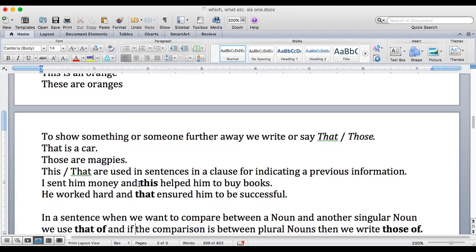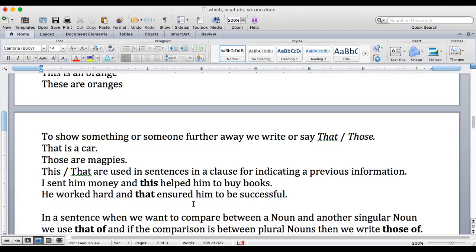What helped him? This, the money. And: he worked hard and that ensured him to be successful. What ensured him? That, working hard. So this and that can be used to indicate the previous clause they're talking about. They don't say he worked hard and that working hard ensured him to be successful. So we use the word that or this.